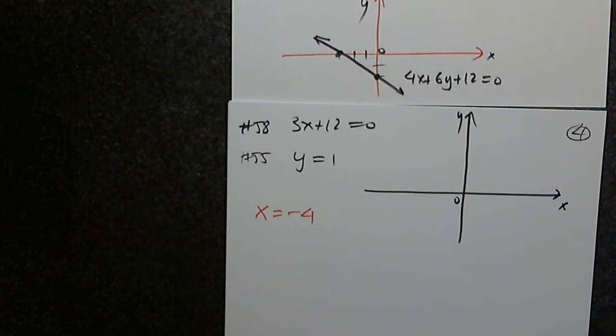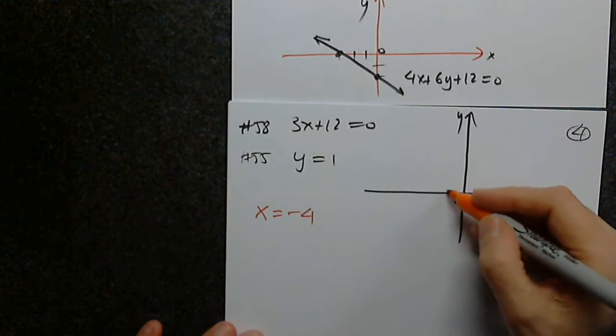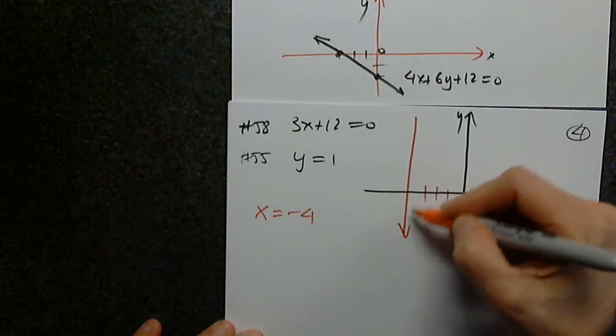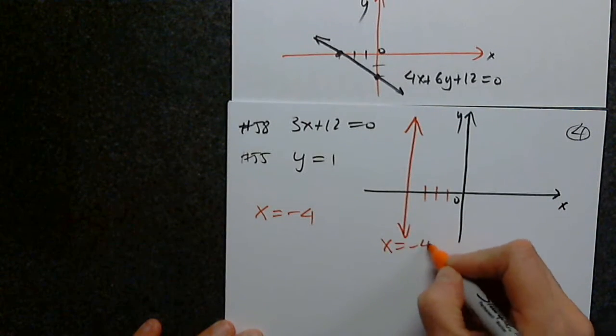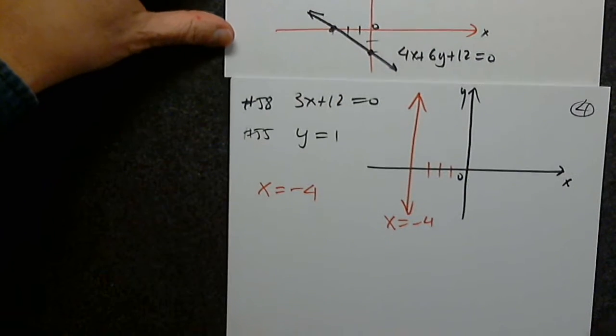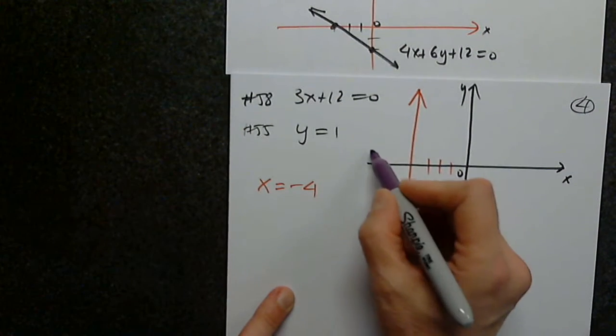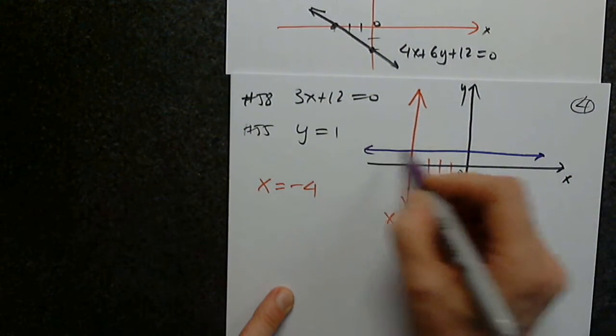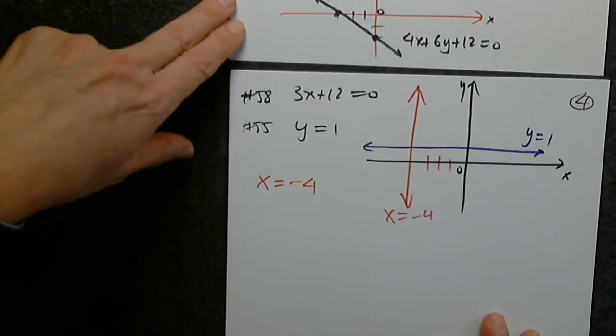Y is infinite, it can be anything. Exactly. X equals negative 4 is a vertical line. It gives position at x equals negative 4. Perfect. What about the other one? How will you graph the other one? Exactly. It's the altitude. So this is y equals 1.